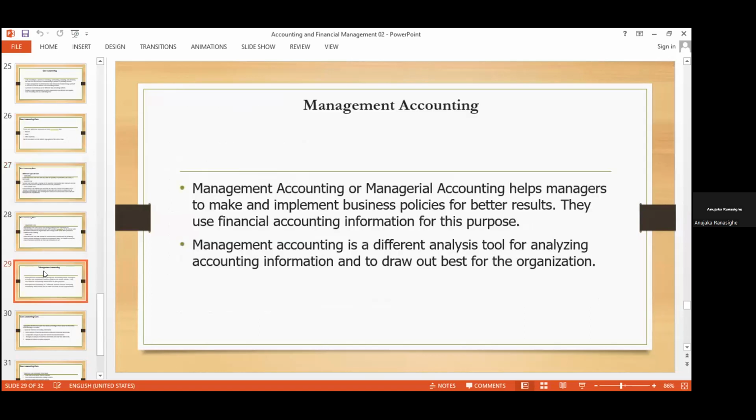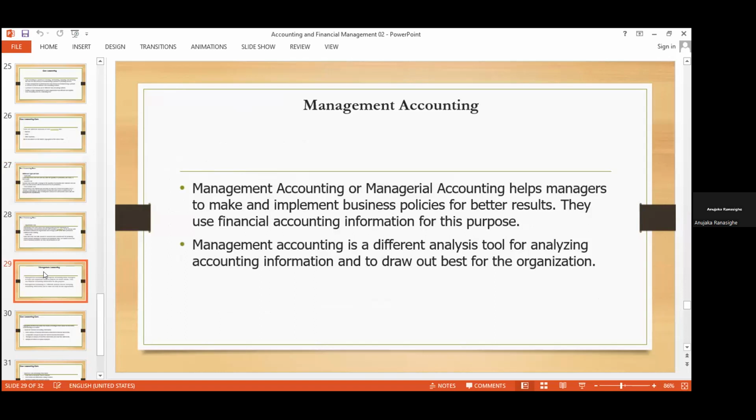Another one is management accounting, or managerial accounting. Some people call it managerial accounting. Management accounting and managerial accounting are used for making decisions.